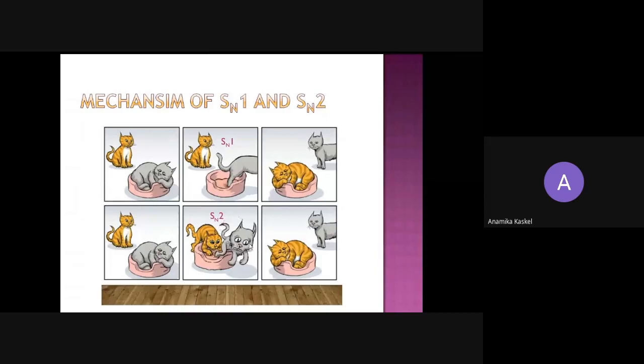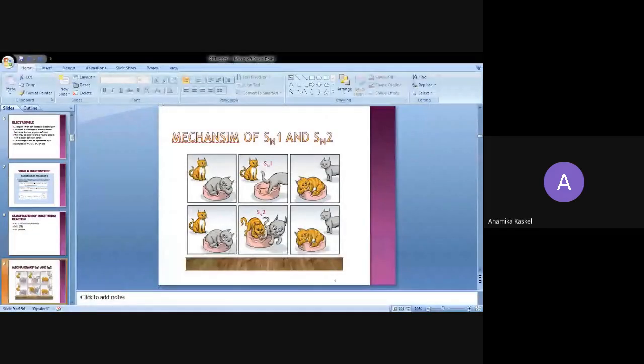Anybody from the class, can you explain this example from the mechanistic point of view of Sn1 and Sn2? Anybody from the class? Yes?